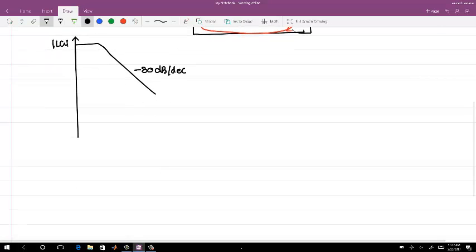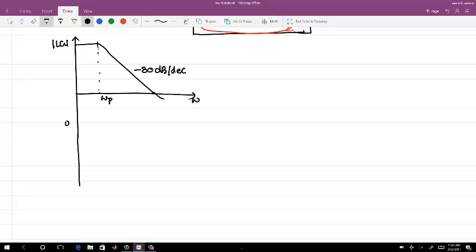Okay, and the phase response of this starts from 0, so let me just mark the x-axis also here. This is omega p. It starts from 0, angle of loop gain, and it goes to minus 360 degrees as omega tends to infinity.